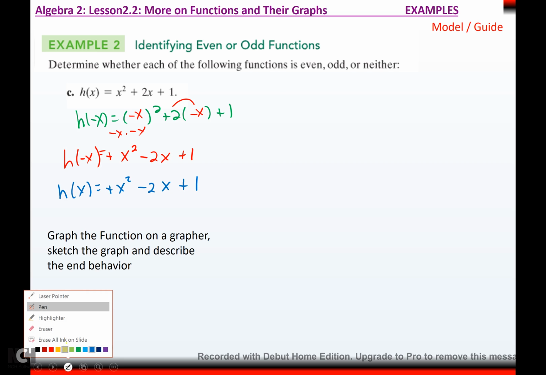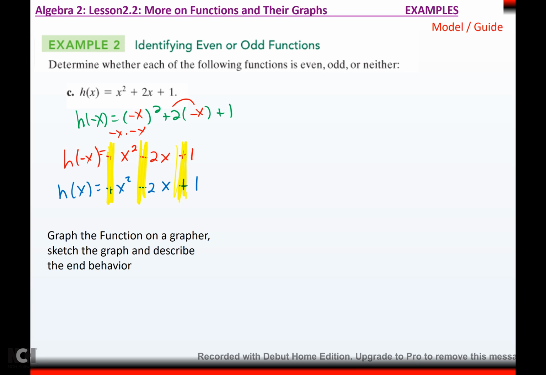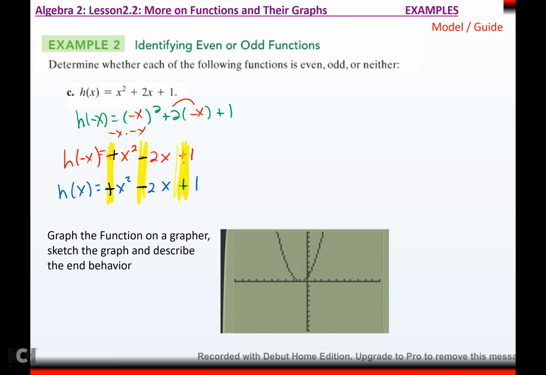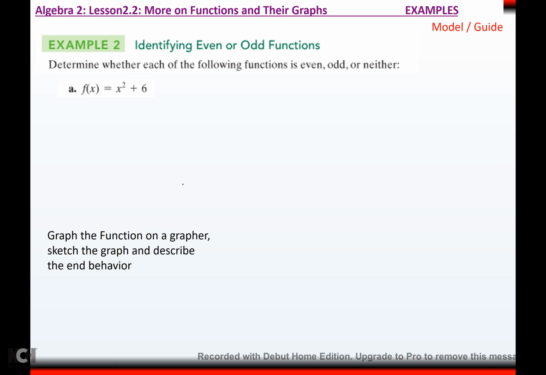If I look to see what signs changed, I'm checking those signs. This was a positive, this was a positive, negative, negative, positive, positive.